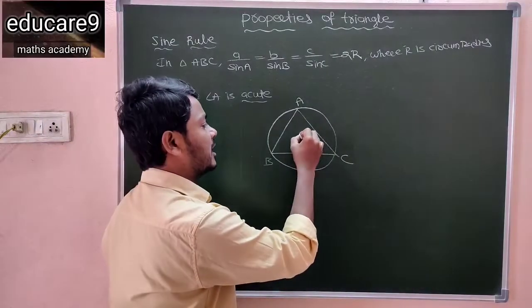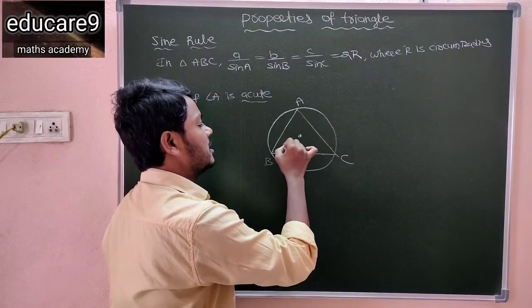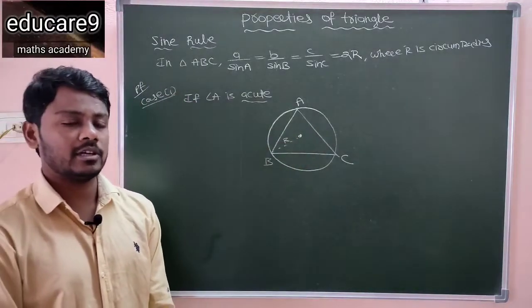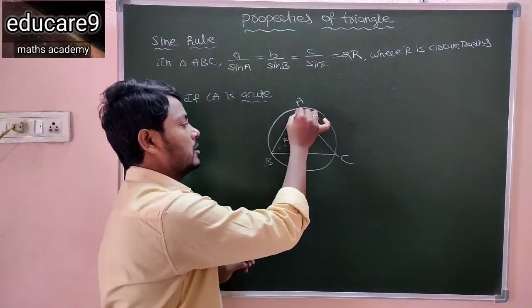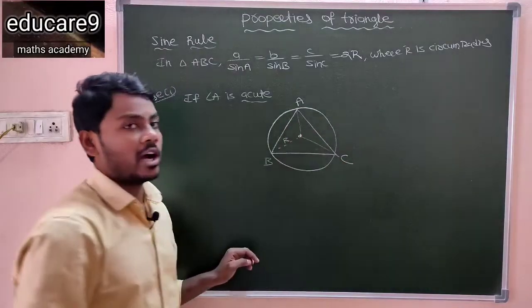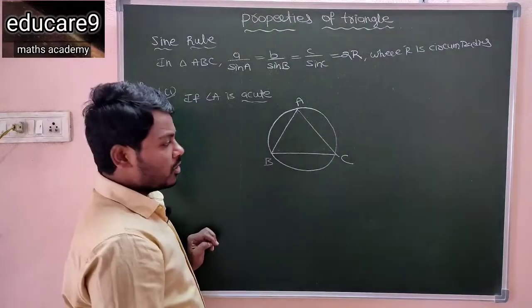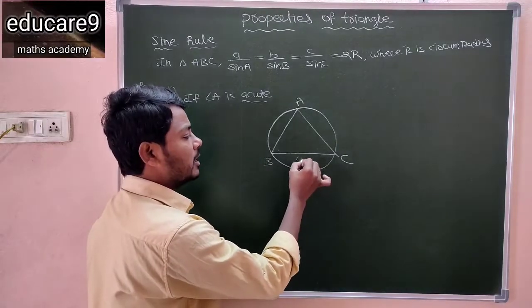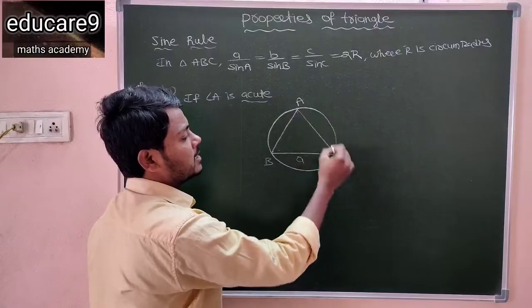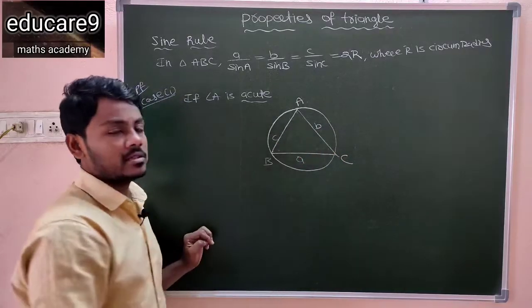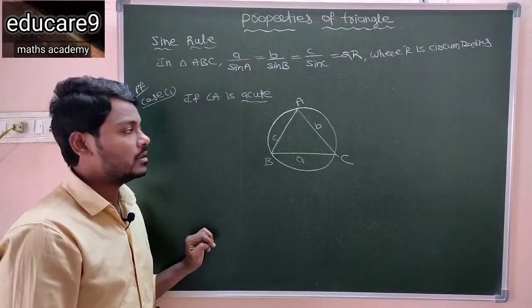And this is the center of the circle. This is capital R, the circumradius of the circle. This one and this one are the circumradius. And you know that BC is small a, AC is small b, and AB is small c. So these are the sides of a triangle.